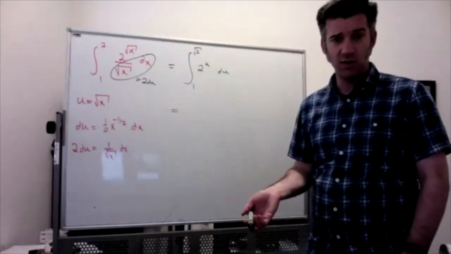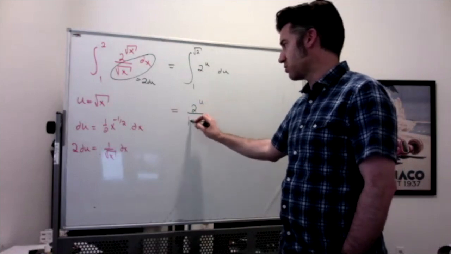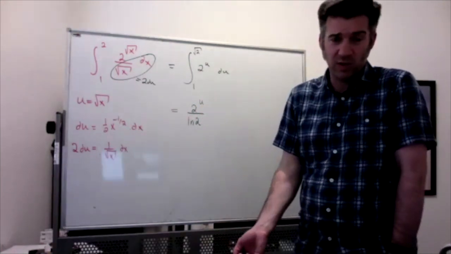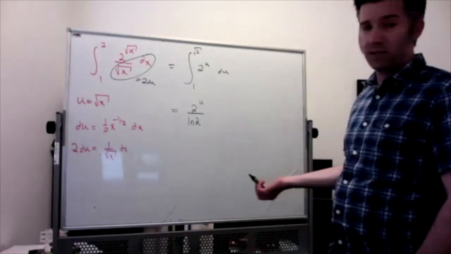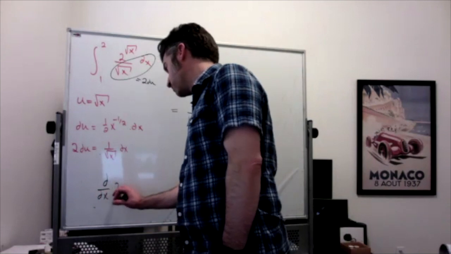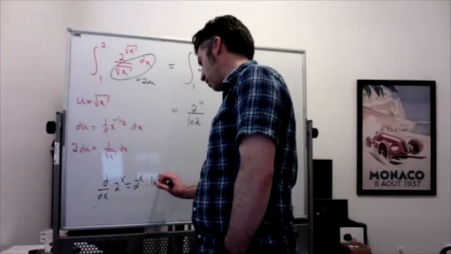Anti-differentiating 2 to the u, we get 2 to the u divided by the natural log of 2. That's kind of just a formula that we're supposed to know at this point. Where it's coming from is the fact that the derivative of 2 to the x equals 2 to the x times the natural log of 2.